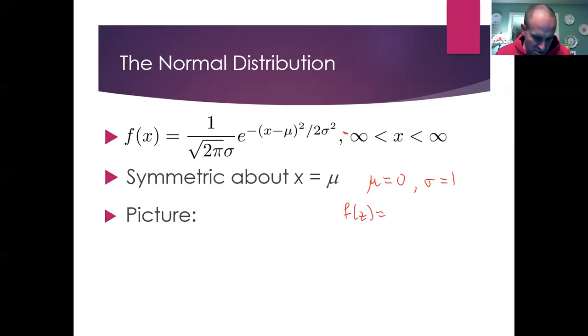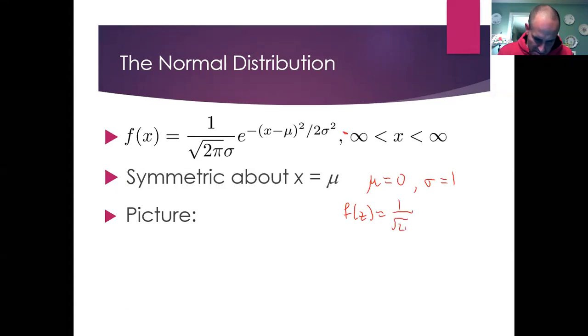If I plug in mu equal to 0, and by the way, x becomes Z here, and sigma equal to 1, I would get 1 over the square root of 2 pi, and sigma is 1, so sigma squared is also 1. So this would be e to the minus Z squared over 2. So that's what the density would be for the standard normal, Z distributed as normal 0, 1.